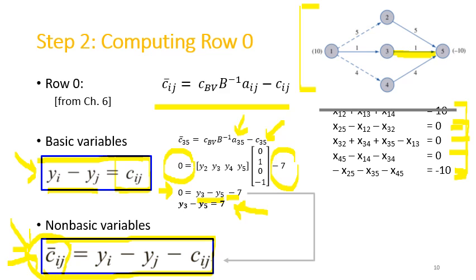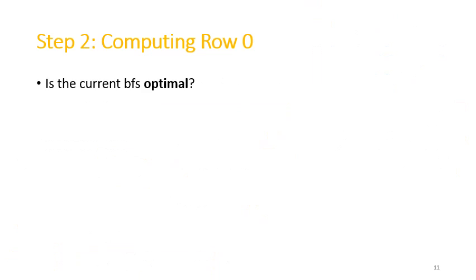Next, we are going to see how we can use these two formulas to determine whether our current BFS is optimal or not. Now finally, we're arriving at the most important question in step 2. Is the current BFS optimal or not?